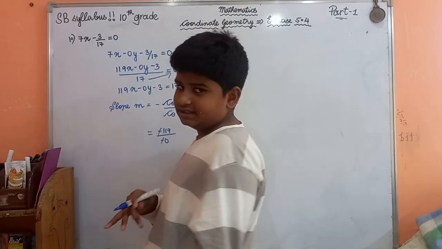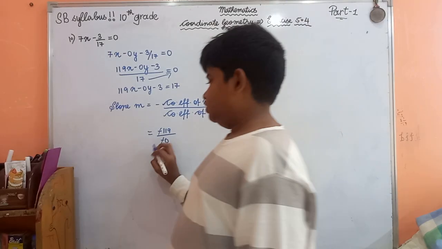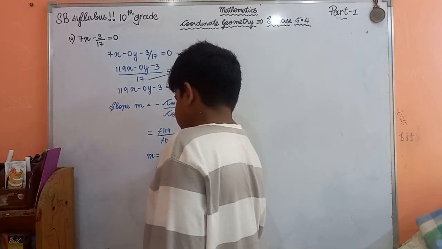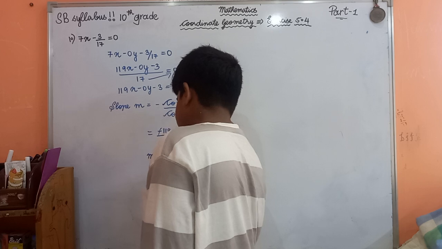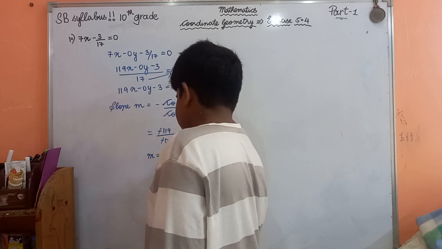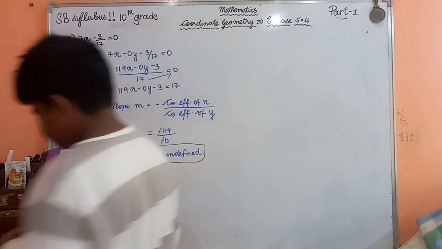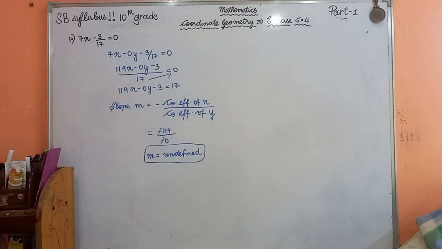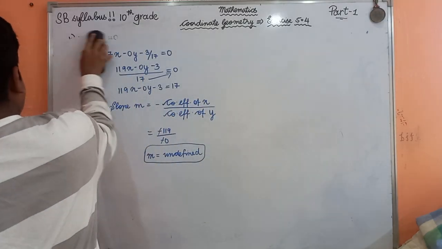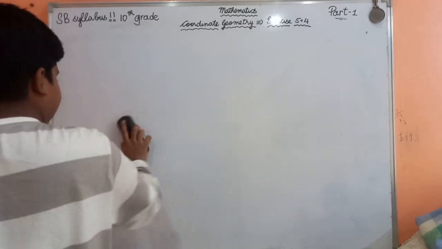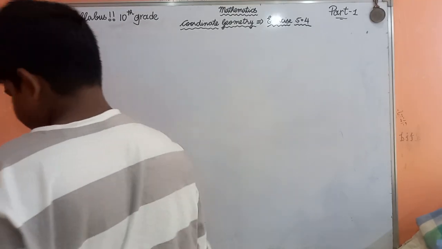So we divide 119 by 0, which we can't do, and it's infinite. So I'll just state that m is equal to undefined. This is the sum, and the first sum is over. Now let's go for the second sum, the second subdivision.